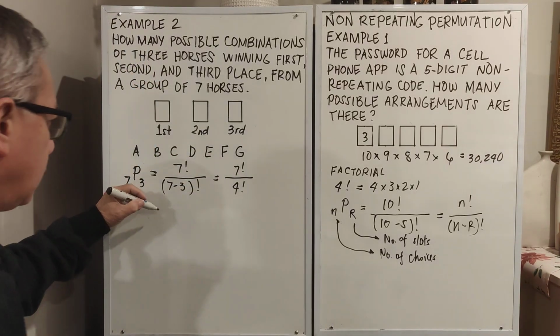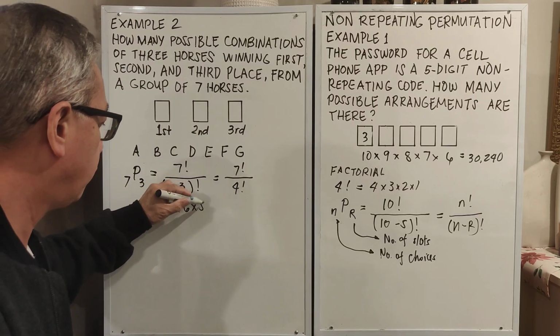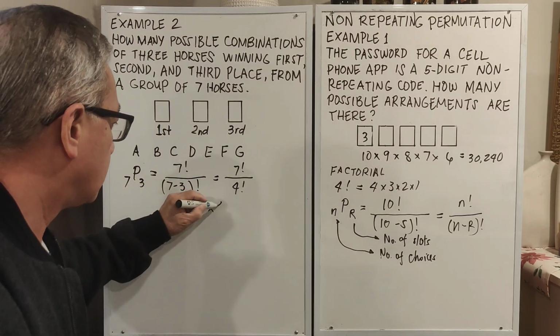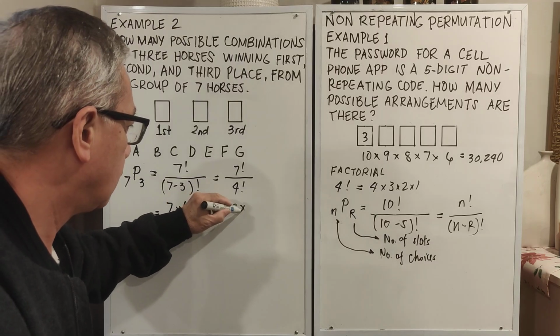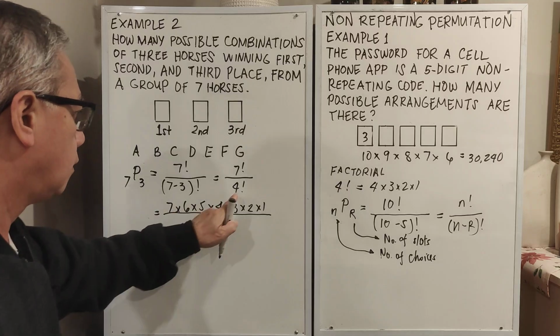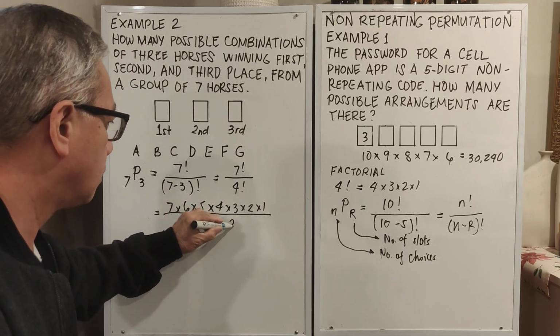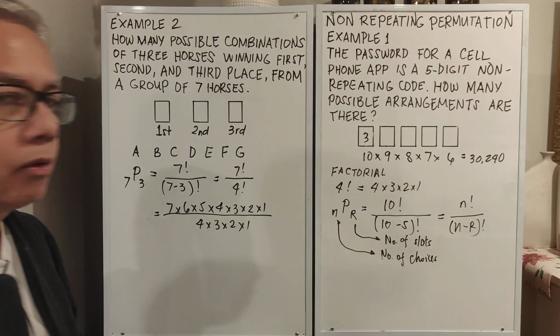If we expand that, that becomes 7 times 6 times 5 times 4 times 3 times 2 times 1, divided by 4 factorial, which is 4 times 3 times 2 times 1.